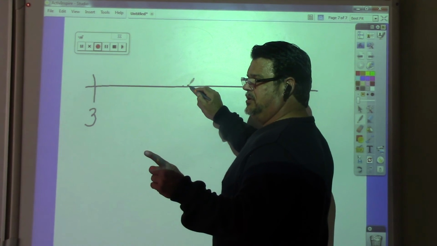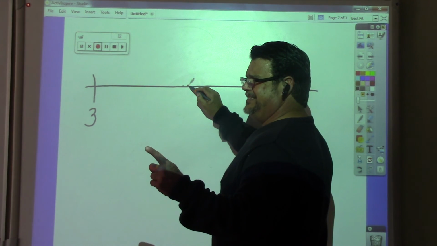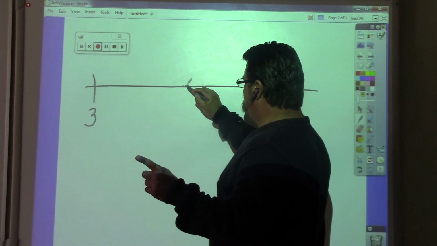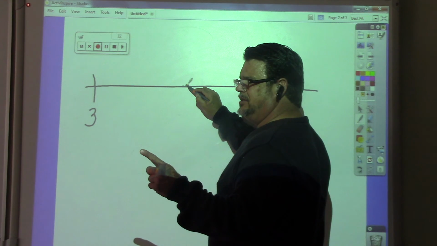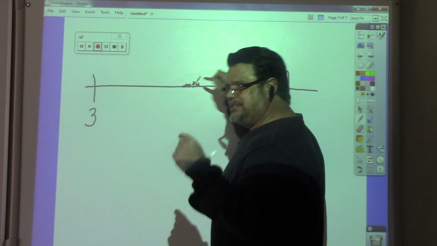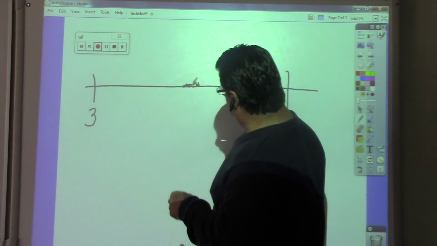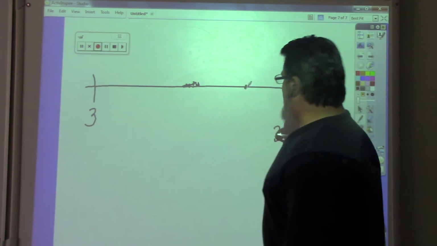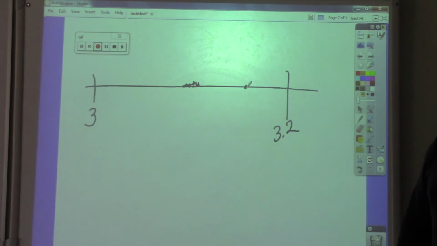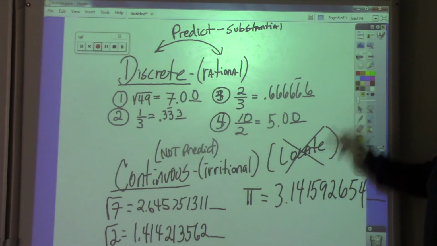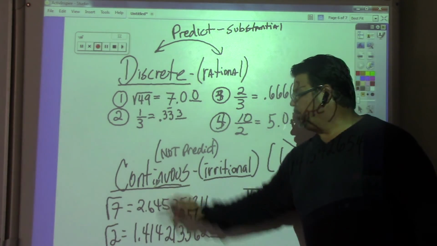Then 9. Then 2. That's back this way. Then it's just going back and forth, back and forth. You can't tie it down. You can't say, that point is right here and I'll bet $100 on it. You can't do that with irrational numbers or continuous numbers.